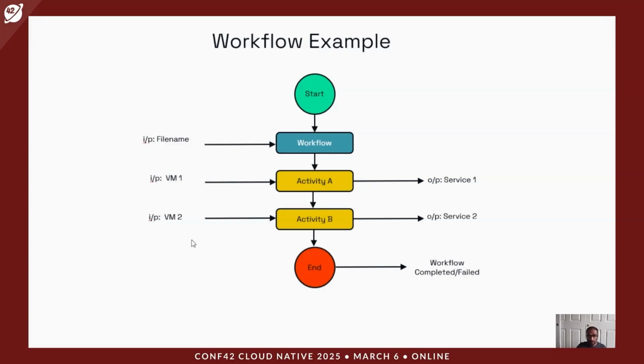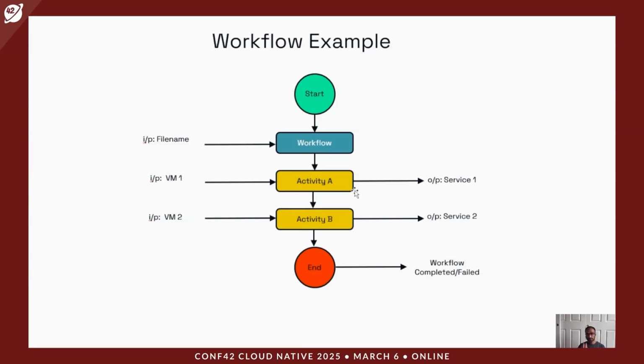So for example, for this VM ID VM1, if you have already performed the activity, when there's a failure and the workflow resumes, Dapr already knows that for this combination there is already an output available. So instead of performing this activity again, it would just return the output. That is how it is able to checkpoint and resume without performing the activity again.